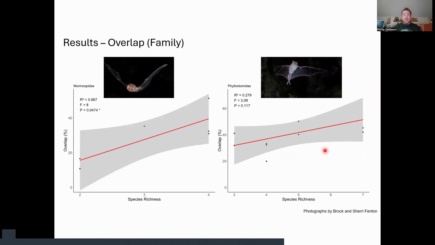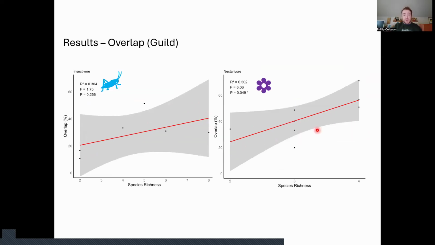And then looking at this again through overlap, we see a positive relationship for Mormoopids. This time it is significant, where at sites where all four extant species of Mormoopidae occur on Jamaica, there's significantly more overlap among them. Though this is not the case for Phyllostomids. Again, within guilds, for insectivores there's no significant relationship, though it's slightly positive, but for our Phyllostomid nectarivores there is a significant association.